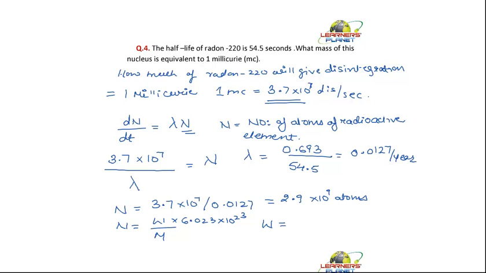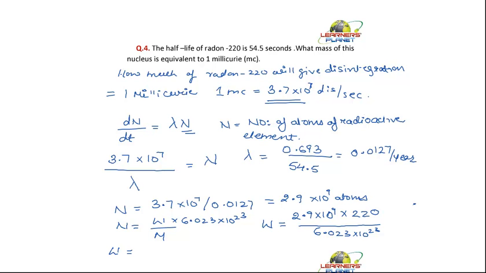So can you find out the weight now? W will be equal to N, that is 2.9 into 10 to the power 9, multiplied by the molecular mass, and divided by 6.023 into 10 to the power 23. So here I will multiply this with the molecular mass, that is 220, and divide by 6.023 into 10 to the power 23.